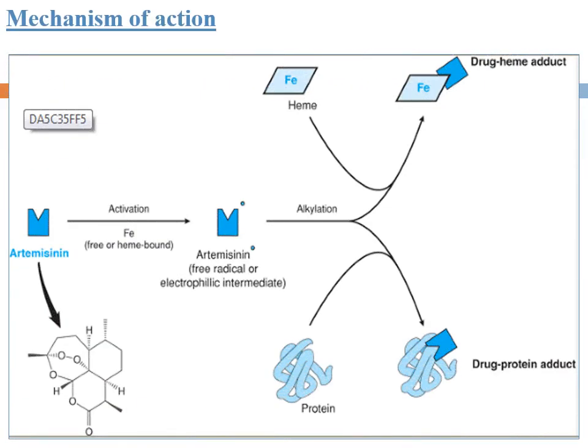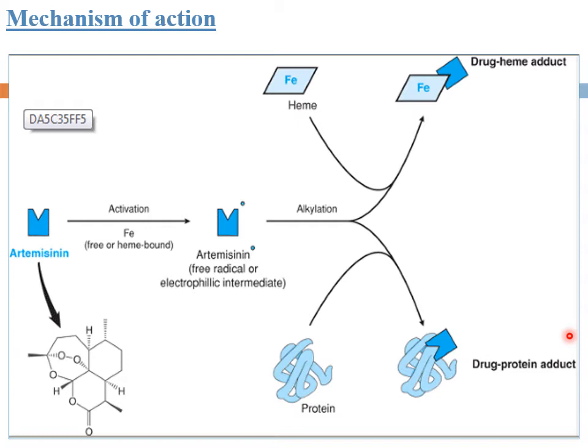Mechanism of action of artemisinin. As such, it is not clear, but it is said that the endoperoxide bridge in its molecule interacts with the heme in the parasite, and iron mediated cleavage of this bridge forms highly reactive free radical species, and these have the capacity to bind with the heme and proteins and make artemisinin heme complexes and artemisinin protein complexes, and these complexes are toxic to the parasite.